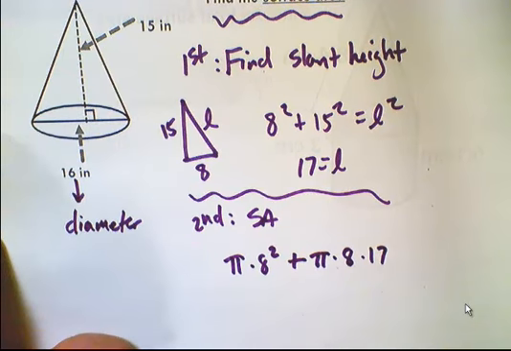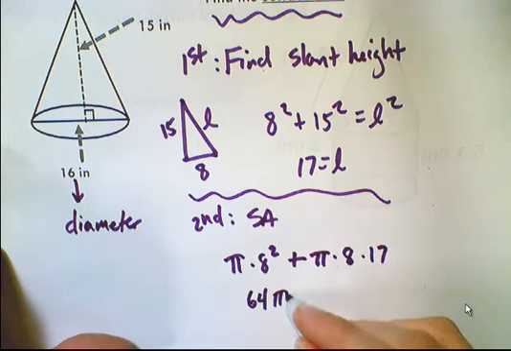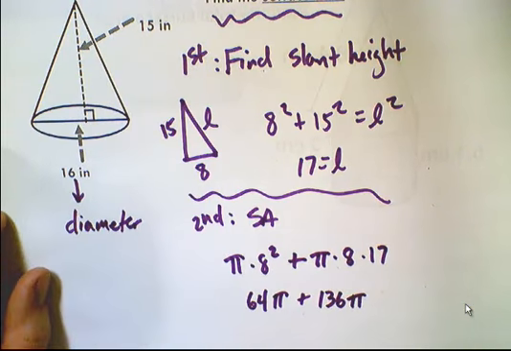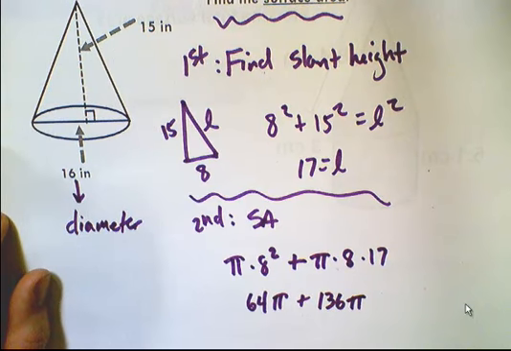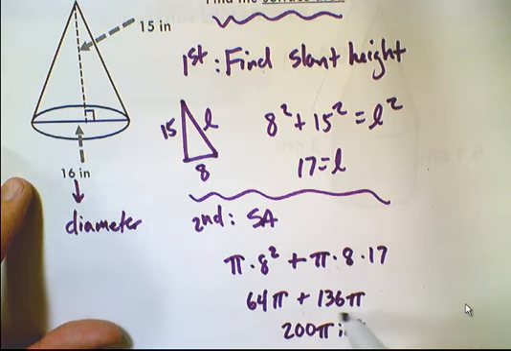And I'm going to leave this one in terms of pi. So 8 squared is 64. And 8 times 17, just a little rusty on that one, is 136 pi. I had to use a calculator for that. So 136 pi plus 64 pi is going to give us 200 pi inches squared.